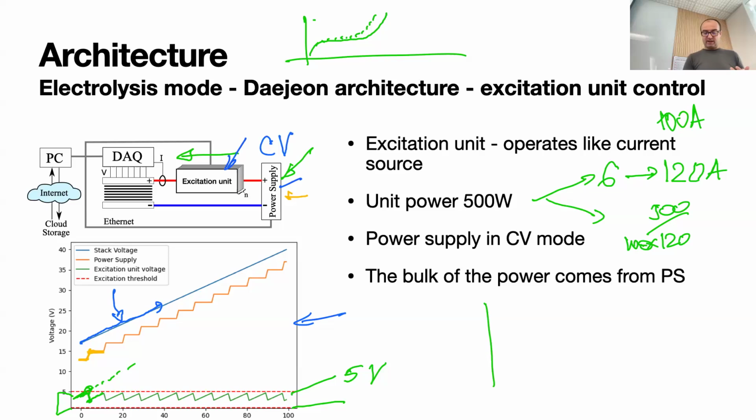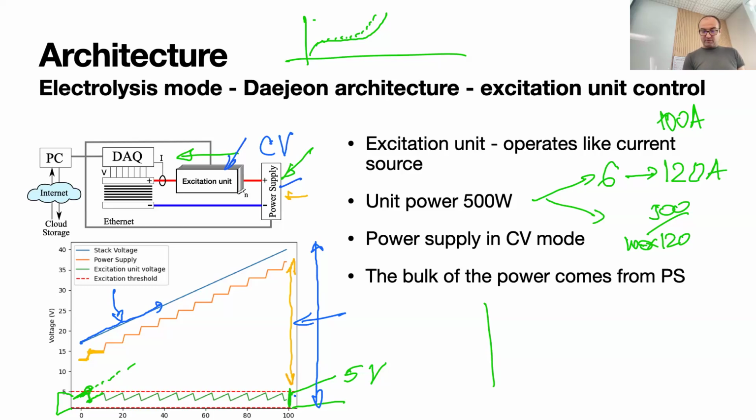So what I wanted to say is, in the overall power consumed by the fuel cell, by the electrolyzer, this much of that power is provided by the power supply unit, and only maximum 500 watts is provided by the excitation unit. So if you want to go higher, you can.